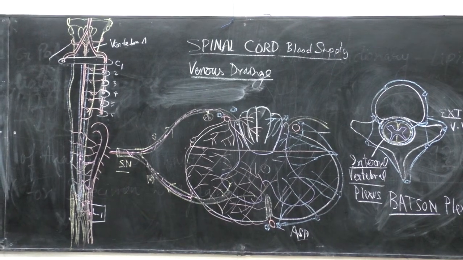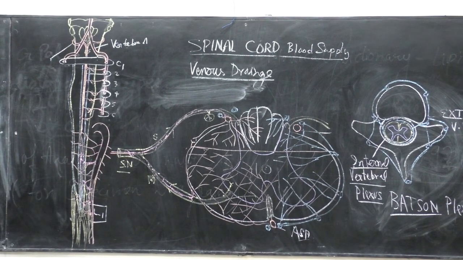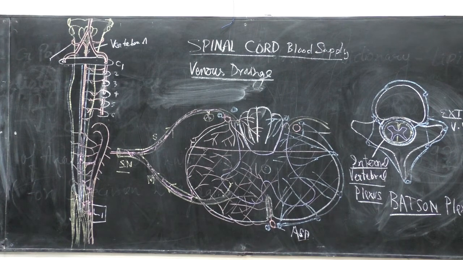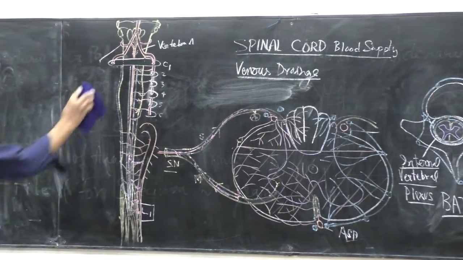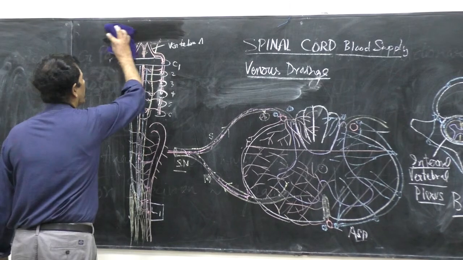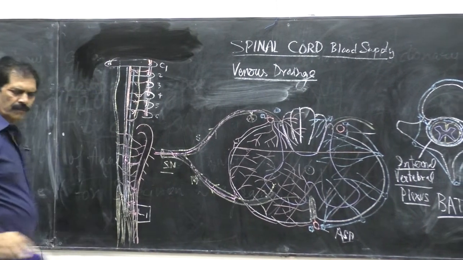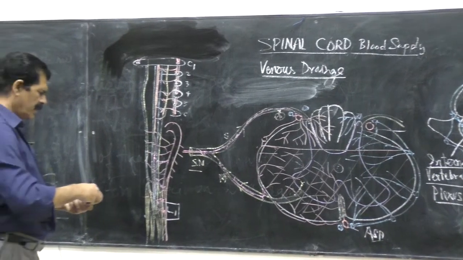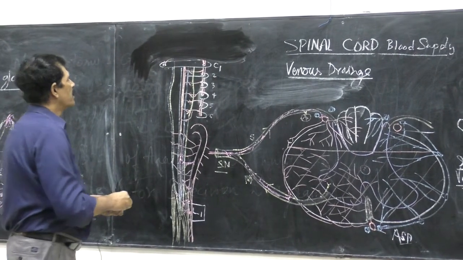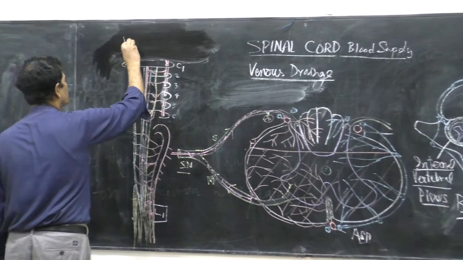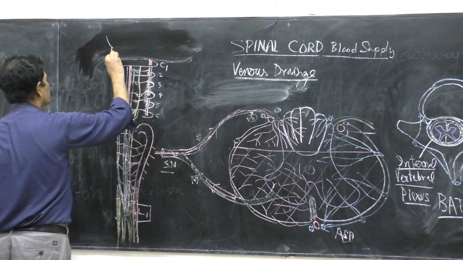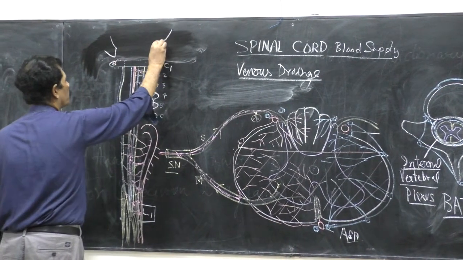So these 10 longitudinal channels of venous blood go up, and these veins enter into the skull, which just lies above the C1 vertebra, the foramen magnum.